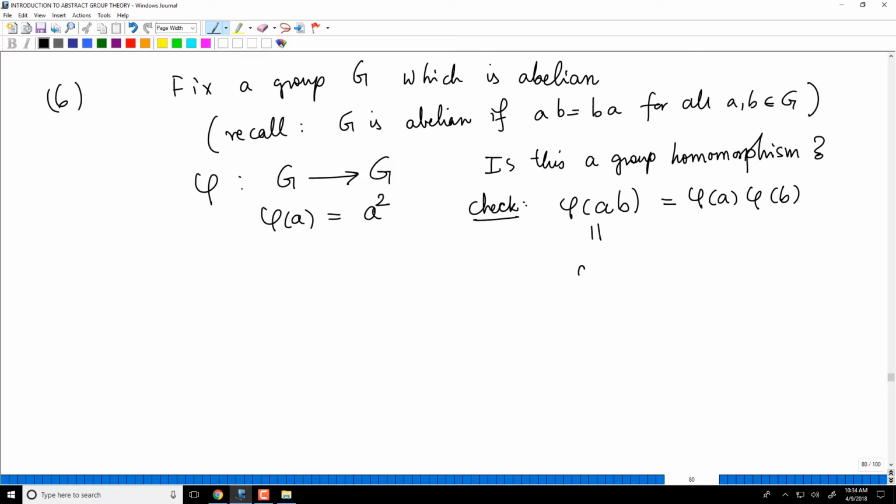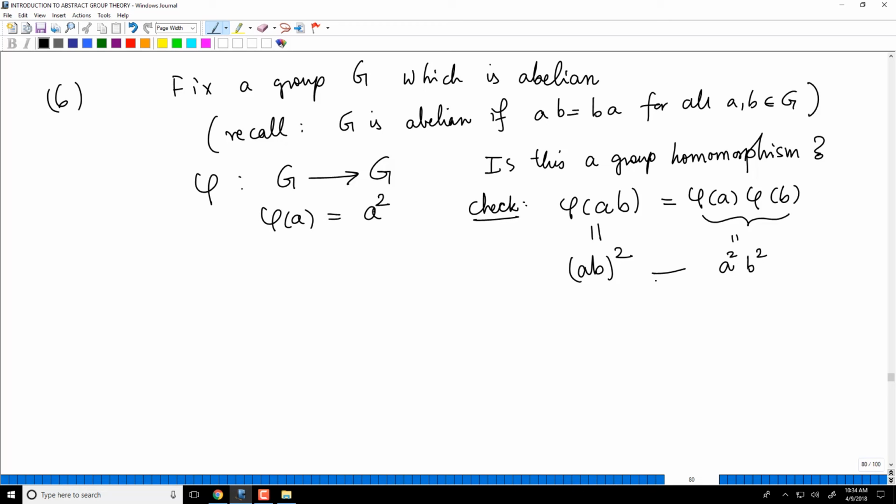What is phi of AB? This is AB whole squared, right? That is the definition: send any element to its square. And phi of A times phi of B is A squared times B squared.